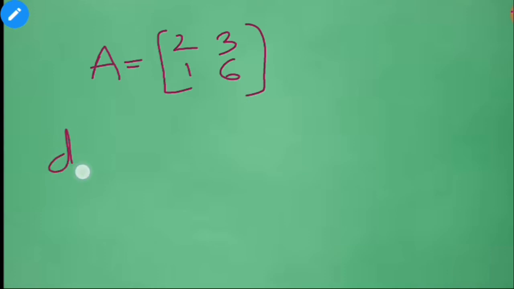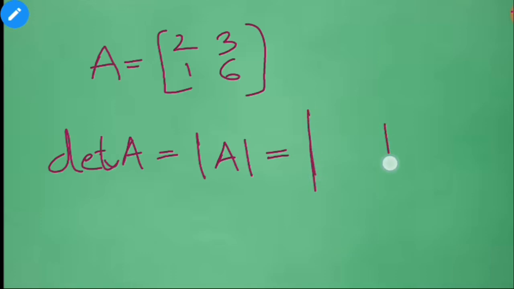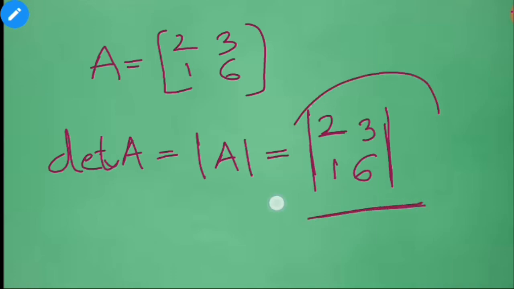Then determinant A, that is det A, is equal to: just write the matrix inside these two bars, 2 3 1 6. This is read as determinant 2 3 1 6.